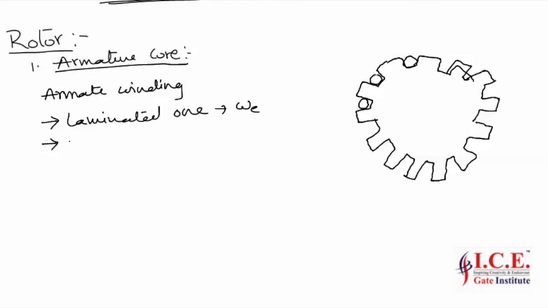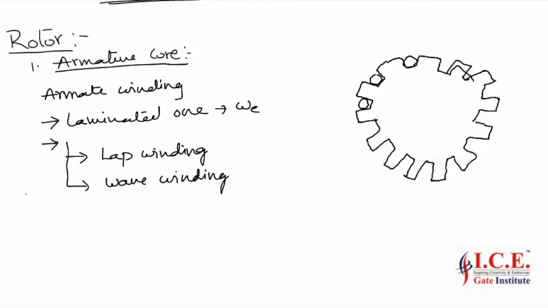Here the armature winding is of two types: it may be wound in lap winding or in wave winding. The armature winding is made up of copper wire.